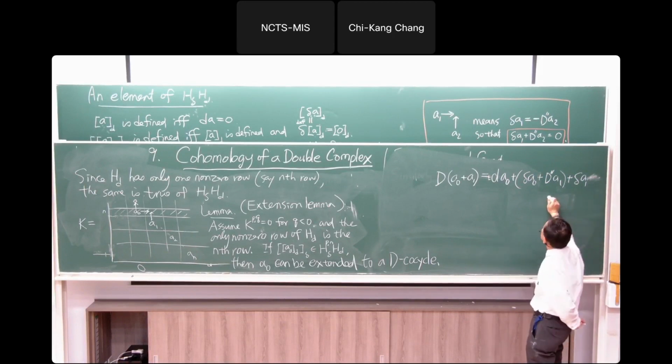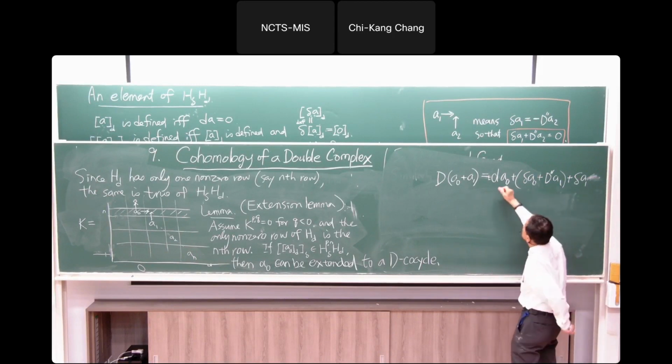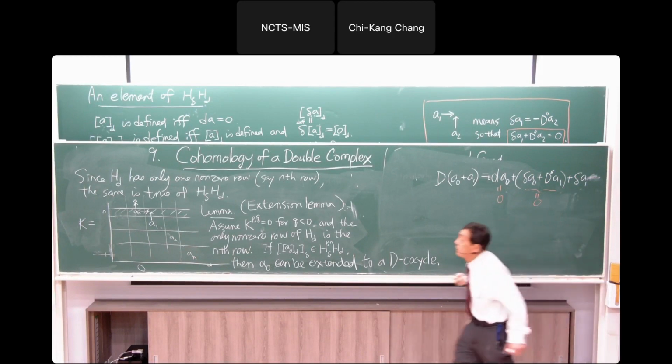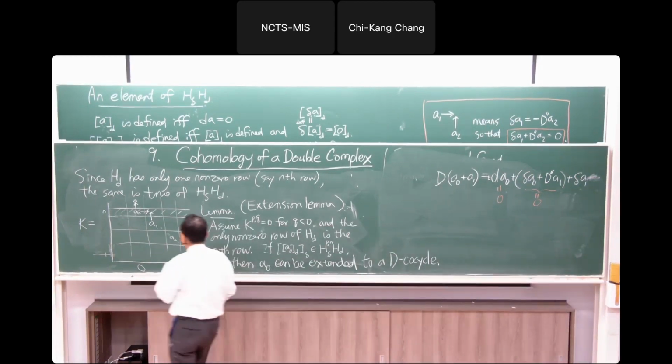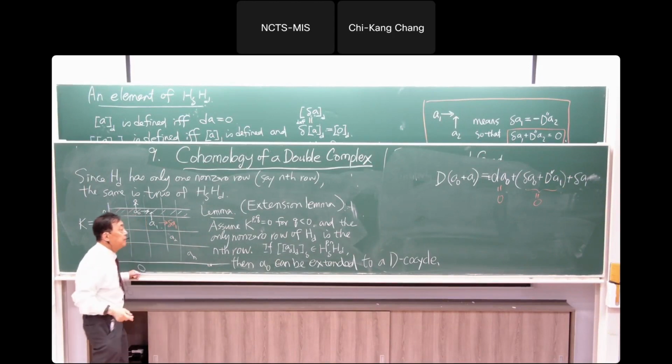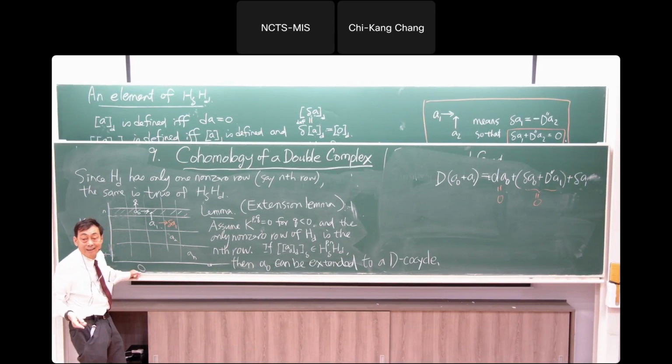You got 4 terms. And this is 0, and this is 0 by hypothesis. So you get delta A1, and that might not be 0. So you don't have a D cocycle yet.